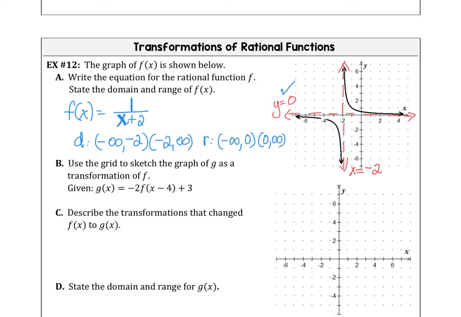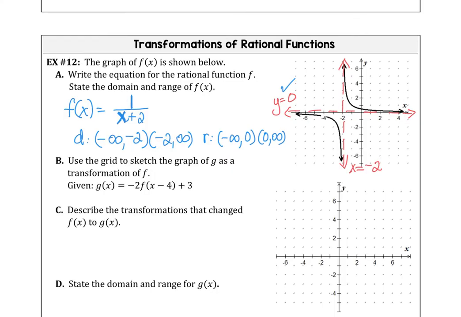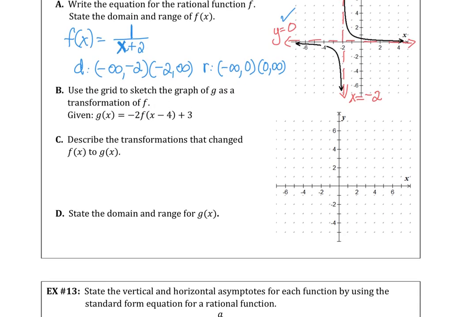In part B, we want to use the grid to sketch a graph of the g of x if we have -2 as our a value and a translation 4 units to the right and another translation of 3 units up. So we want to be able to describe those transformations.